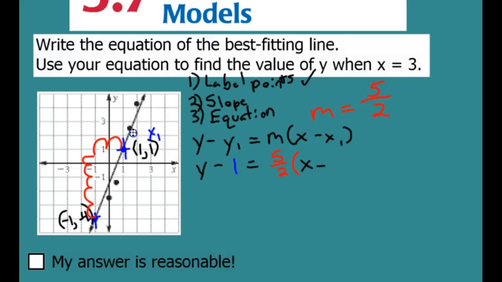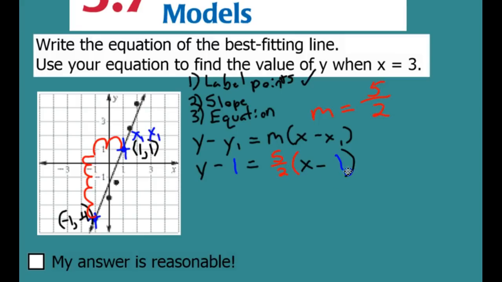If y1 is 1, our x1 has to be 1 as well if we're using this point. So what we end up with is y minus 1 equals 5/2 times x minus 1.